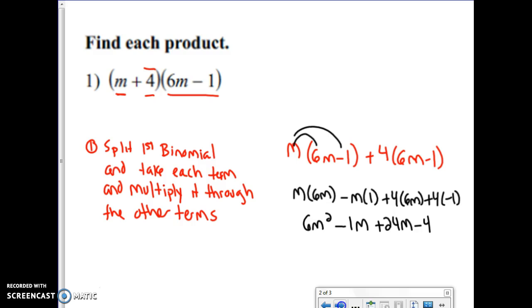So I have 6m squared, and now all I'm going to do is combine like terms. My middle two terms are like terms because they both end in m. So I'm going to combine those together, so I get 6m squared plus 23m minus 4. So all I did was split the binomial into 2, and took each of those terms and multiplied it by the other 2 terms.